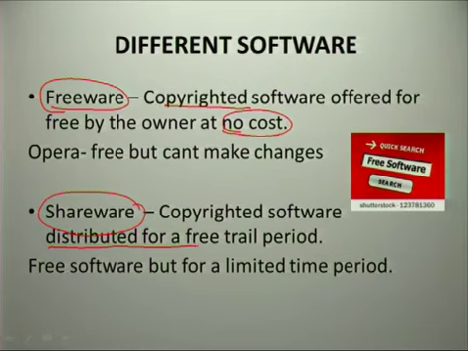So that is why we say it's distributed for free, but for a limited period of time. It's free to use, but after a specific number of days, the software will expire, and then you'll have to use another software, or you'd have to buy the software in order to get full usage of it.